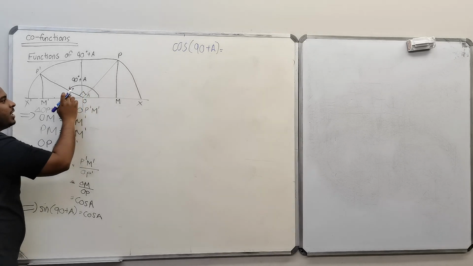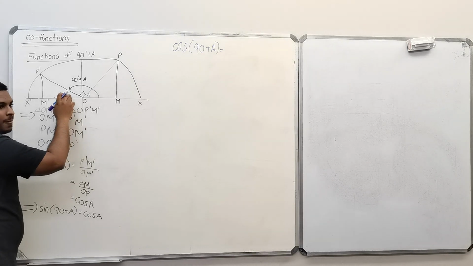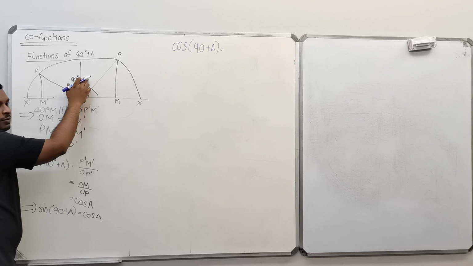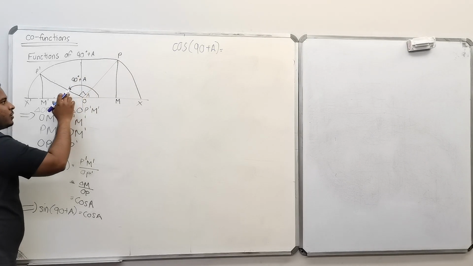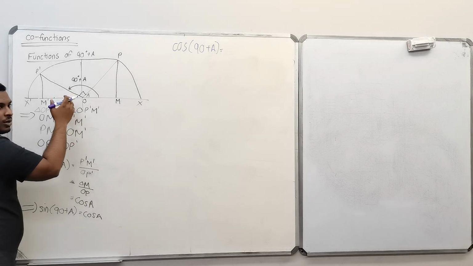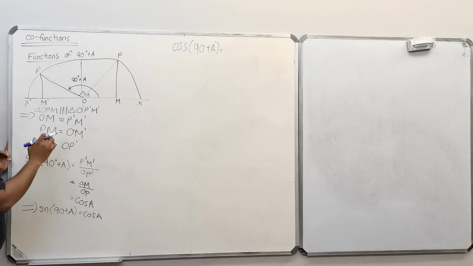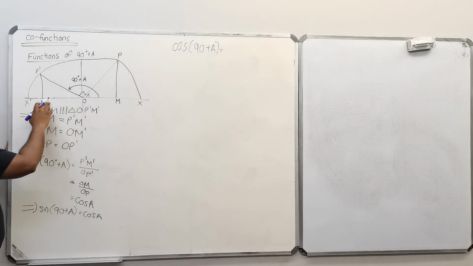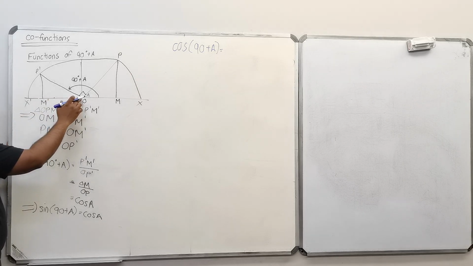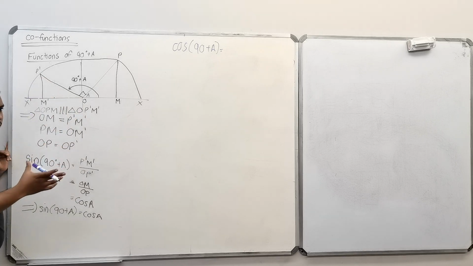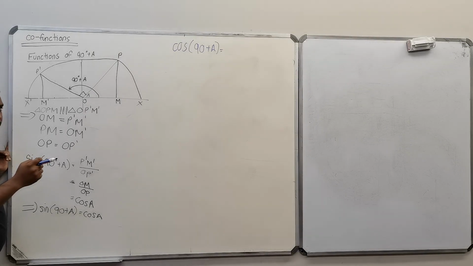Cos of 90 plus A, remember I said we can look at this angle here because it will still be equal. Cos of whatever this angle is will be the same there. So how would you write that down in terms of these sides? It starts out from here, so you say OM prime over OP prime, adjacent over hypotenuse.